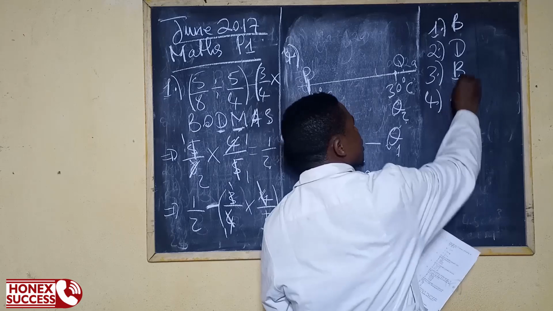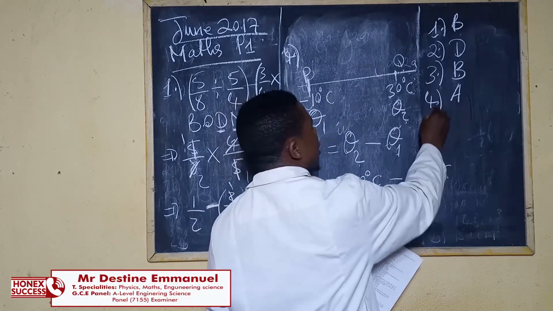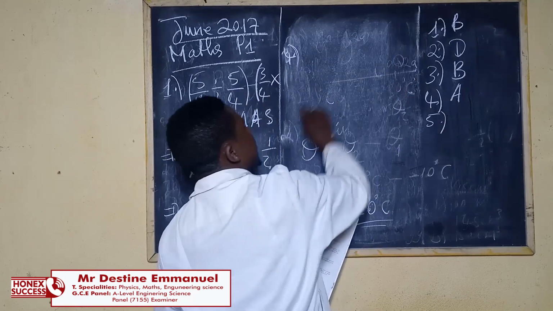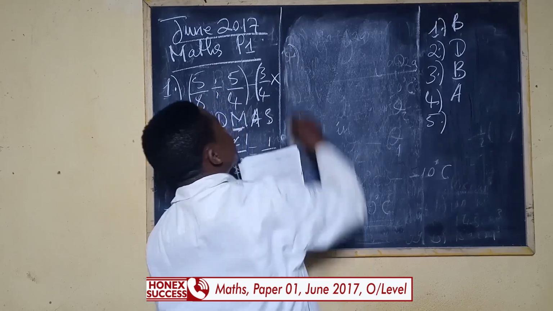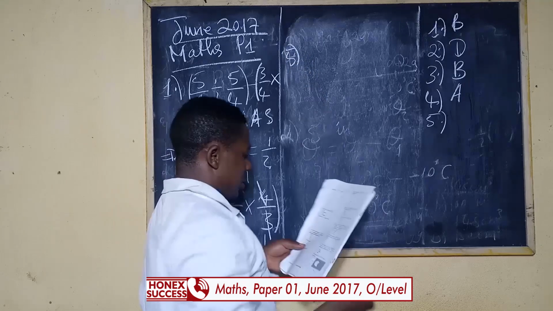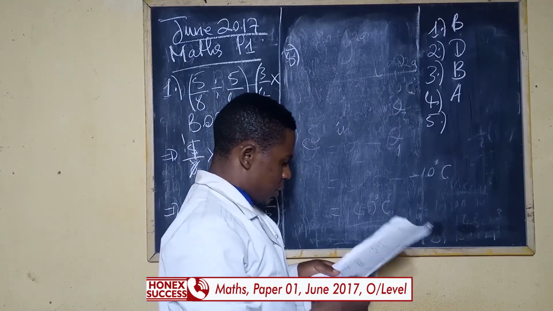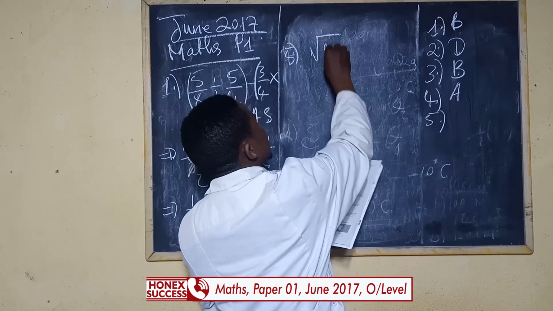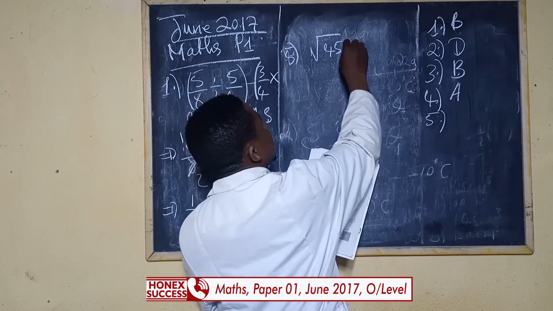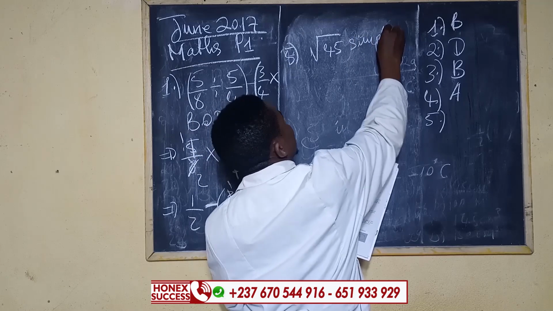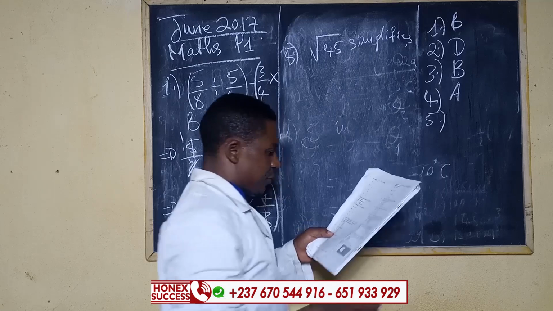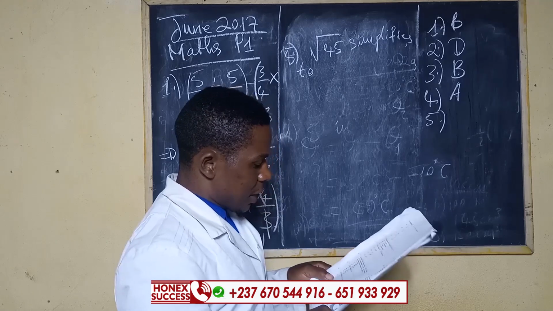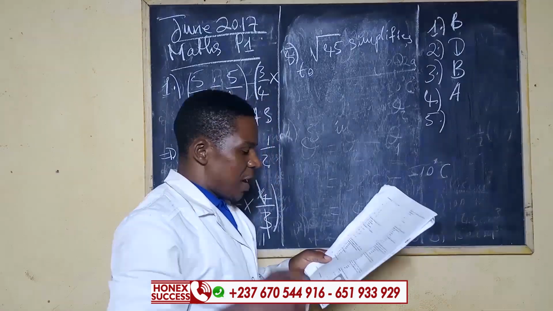What does question 5 say? Question 5 says that the square root of 45 simplifies to, and the different options are given: A, 15; B, 5 times root 3; C, 9 root 5; D, 3 root 5.